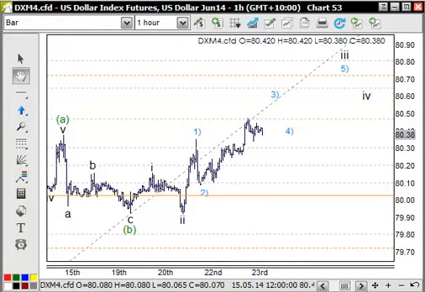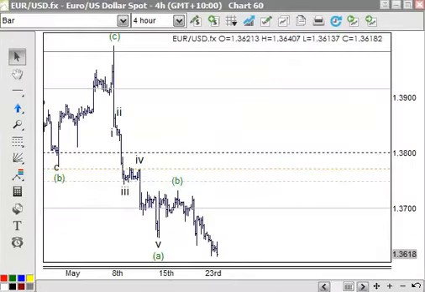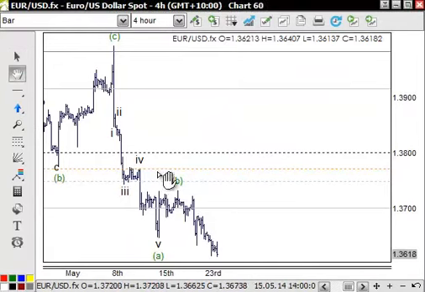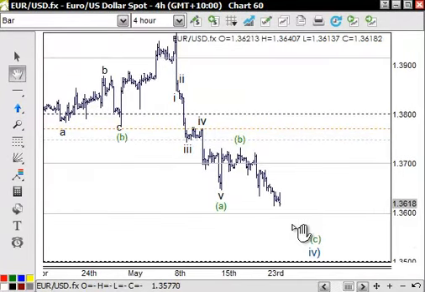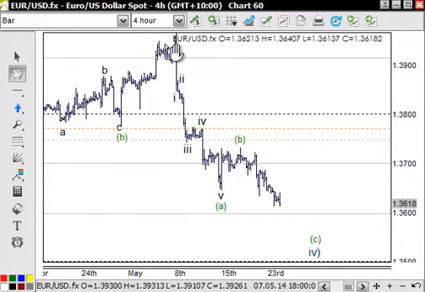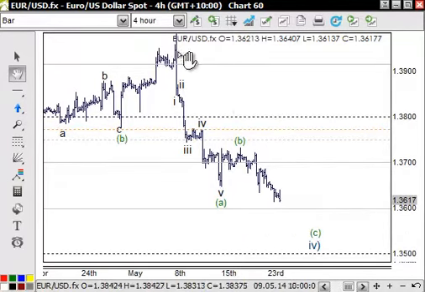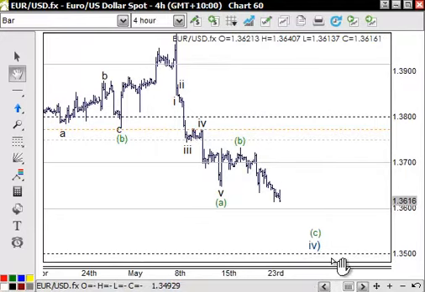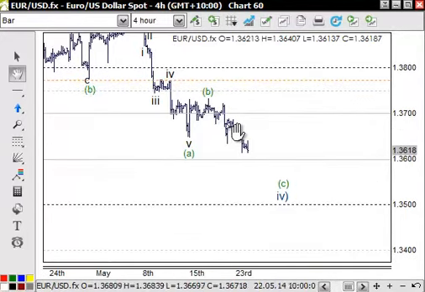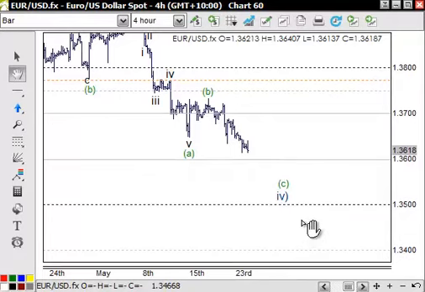And of course, that affects different markets in different ways. The euro is a bit of a mirror image, and we would be looking at that moving lower towards the 136 area, if not lower, for its A, B, and C for wave 4. It's quite common too for the A wave to have some equality with wave C as well, so we could get a bit lower than expected.